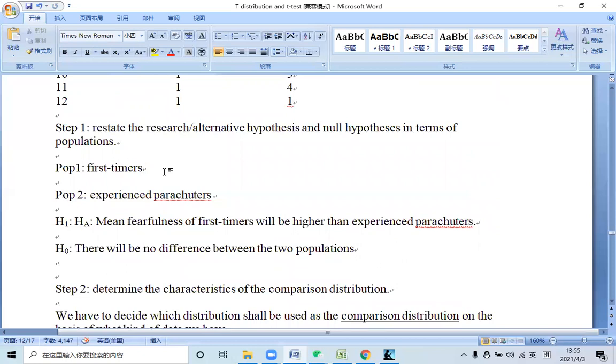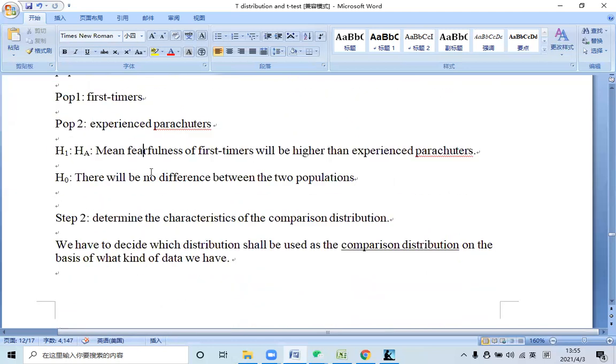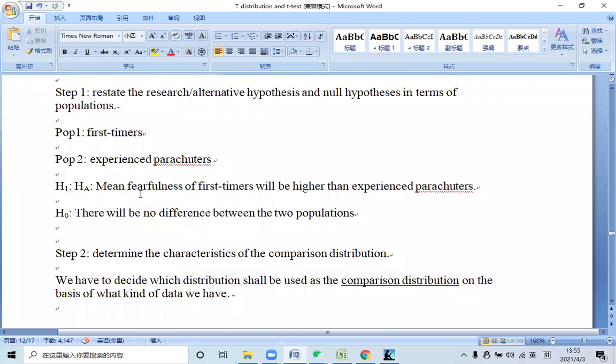You are comparing these two populations. Your research hypothesis: the mean fearfulness of first-timers will be higher than experienced parachuters. Between these two populations, population one will have a higher fearfulness on average.